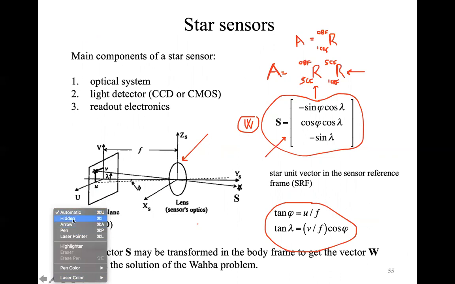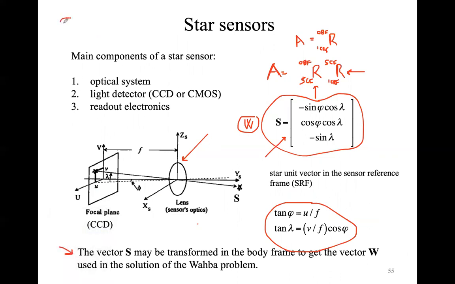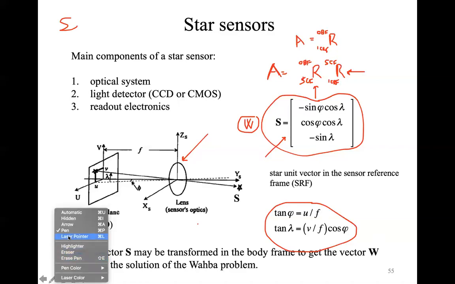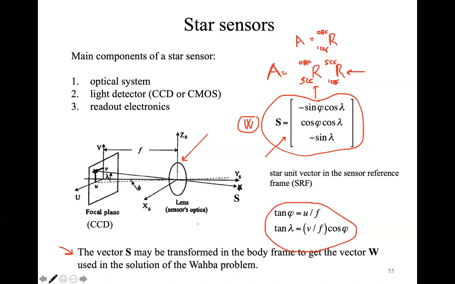What I mean is that our S here is not the attitude matrix, but the rotation matrix from the ICRF to the SCF, the star tracker reference frame, of the vector V, that is the unit vector of the stars in the celestial coordinates.